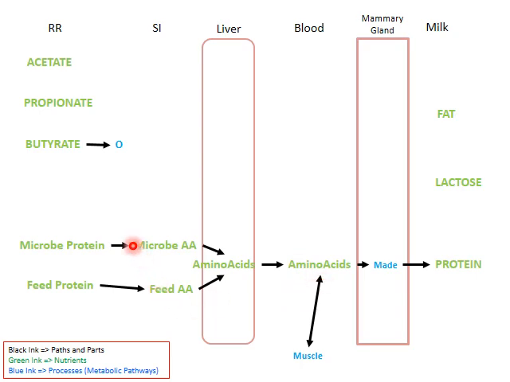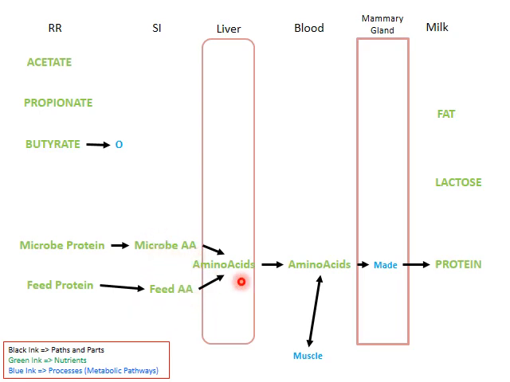Our other 2 are, depending on how the rumen works, we're going to have a certain amount of microbial protein produced in the rumen. A certain amount of feed protein is going to pass through the rumen untouched. Those protein molecules are broken down in the small intestine to amino acids. So we have microbial amino acids and feed amino acids.